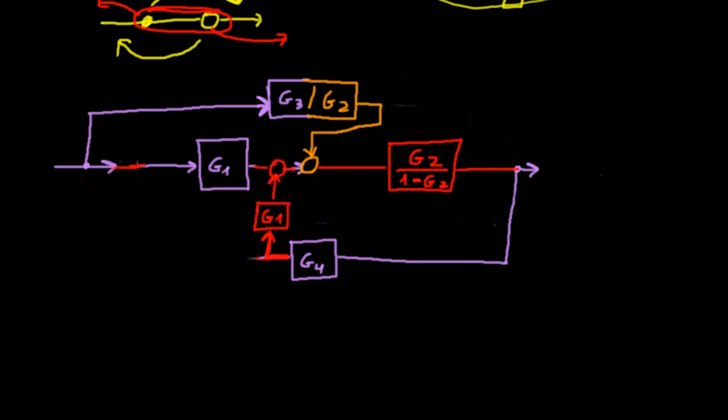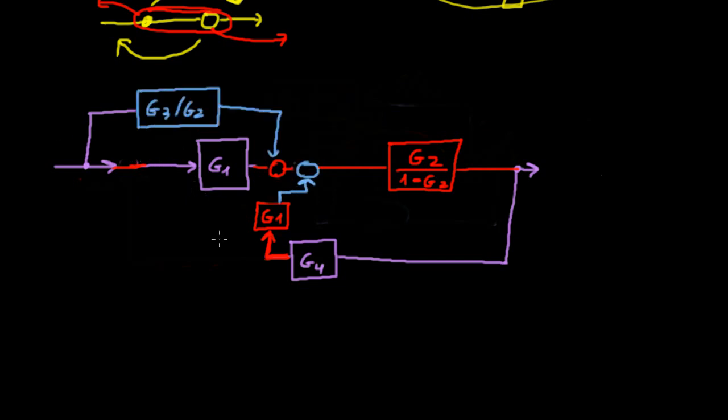There it goes. And finally, if we switch these two, we will find a parallel structure here and a feedback structure here. So let me draw this final block diagram.